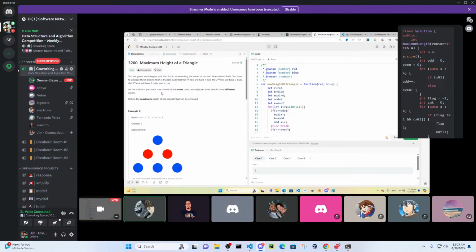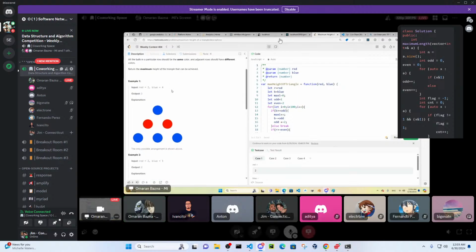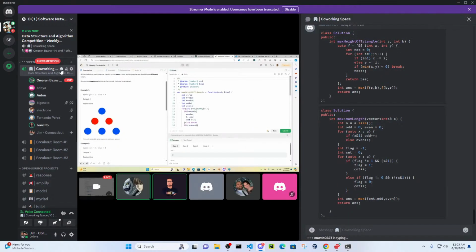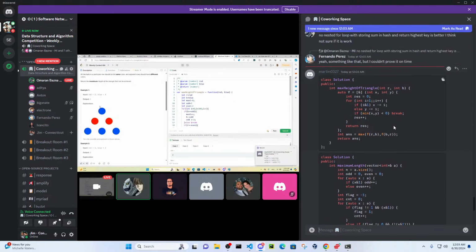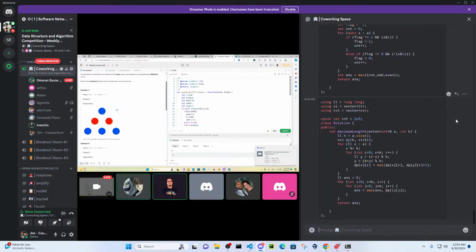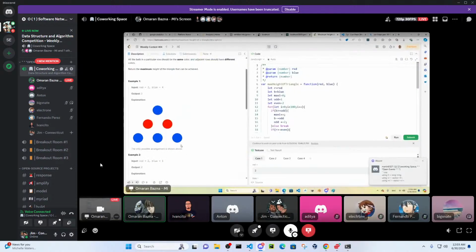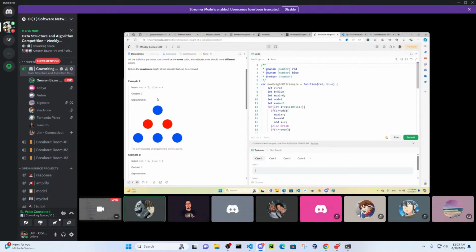We want to build the maximum height of triangle. So we have 2 options: either start with the first ball being red and build the triangle, or start with the first ball being blue and build the triangle. From those 2 options, we want to pick the one that gives the maximum height triangle.